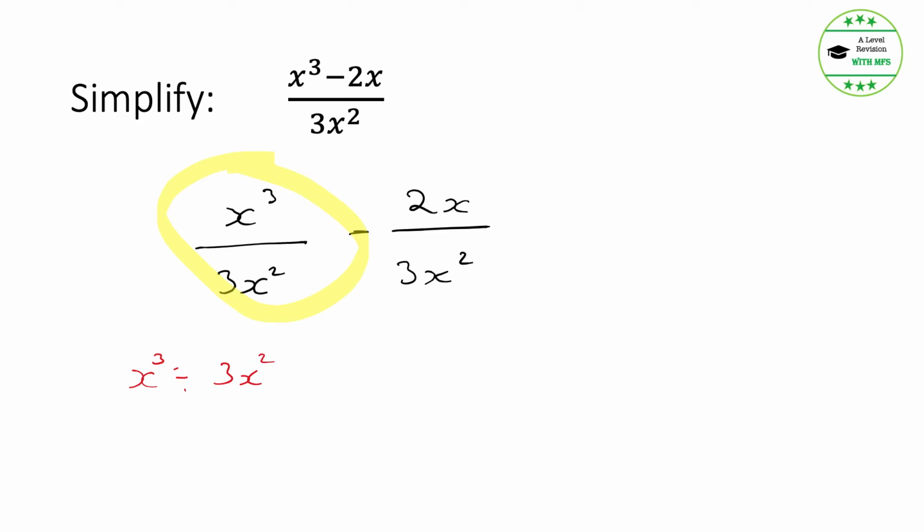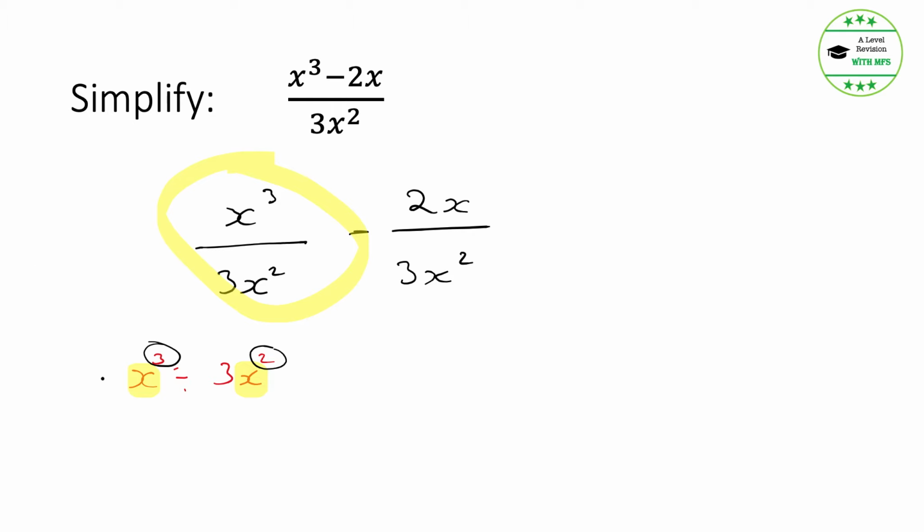Our base term is the same. As you can see, we have x's, but we have a different amount. That doesn't really matter. What matters is that we have the same term. Okay, and because we have the same term, we can subtract the exponent.